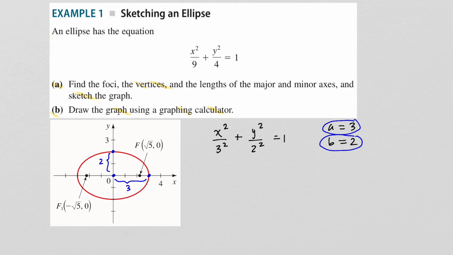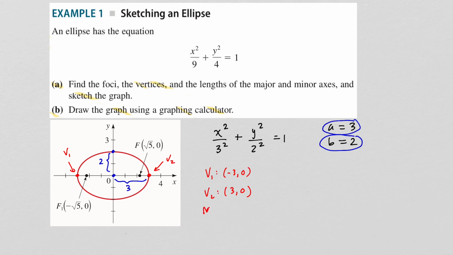Now, in terms of the vertices, these points here and here on the longer axis, those are called the vertices. So we can call this vertex 1 and we can call this vertex 2. Vertex 1 is clearly the point negative 3, 0, and vertex 2 is clearly the point positive 3, 0.